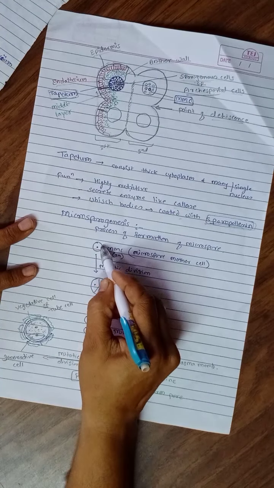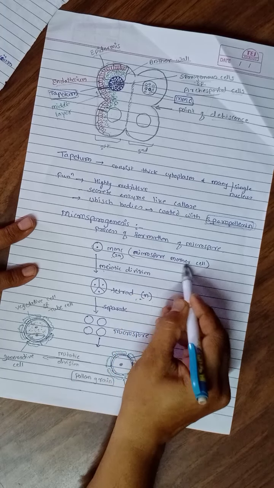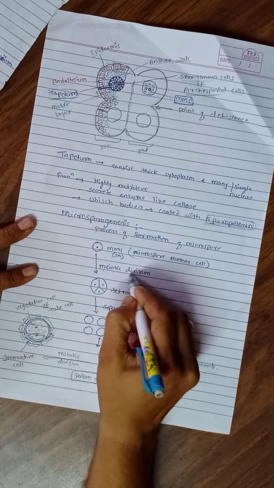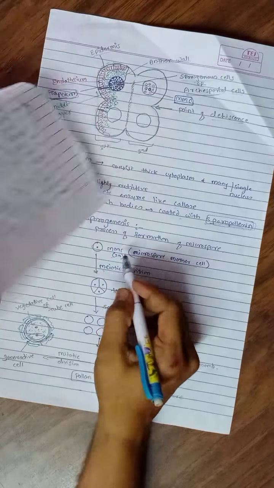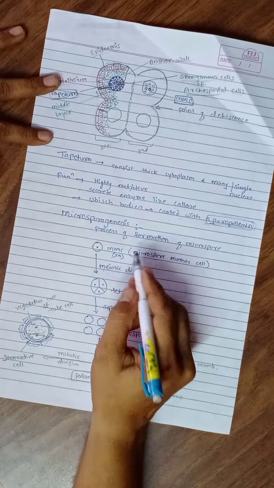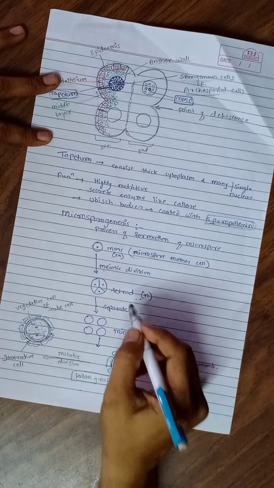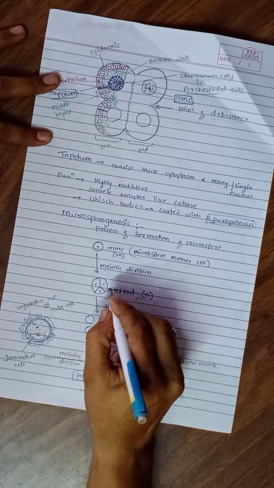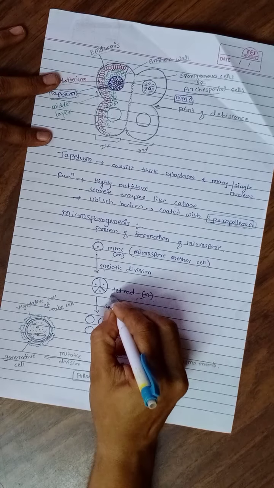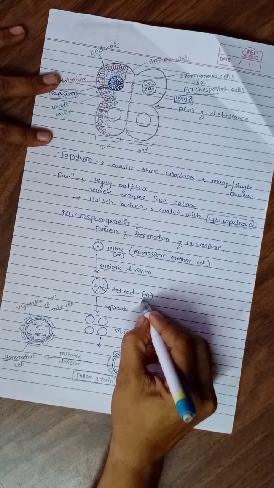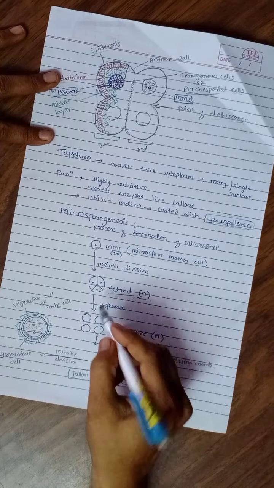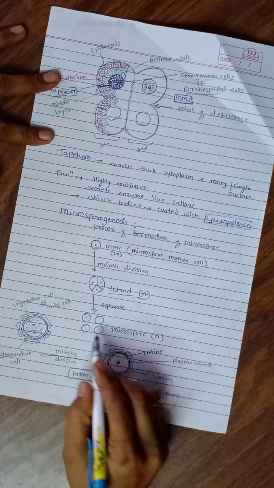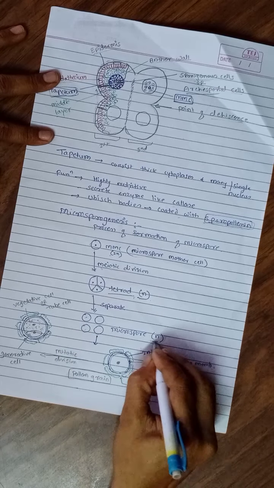This is a single cell, the MMC. It undergoes meiotic division, that is meiosis takes place. These microspore mother cells are diploid, and after meiosis they become haploid, and from a single cell 4 cells are formed, known as a tetrad, which are haploid. Then these separate from each other and 4 microspores are formed, which are also haploid.